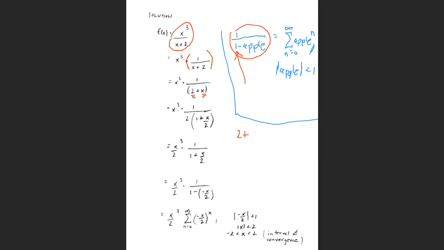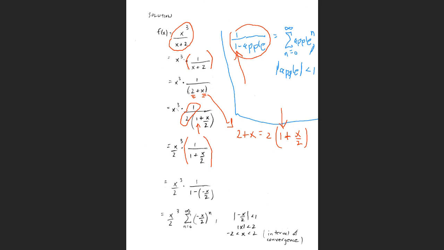So the 2 plus x in the denominator, I can write as 2 times 1 plus x over 2. Now I got a 1, so I'm happier. And this 1/2, I can move out in front of that fraction.